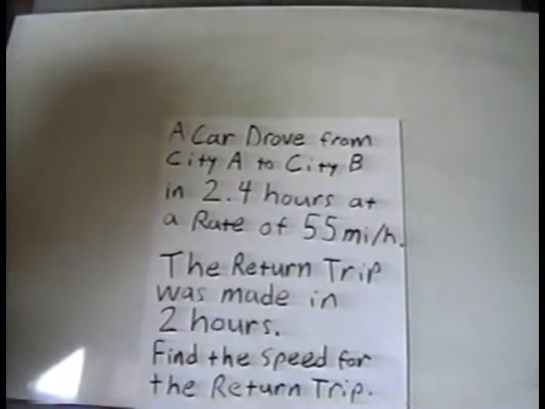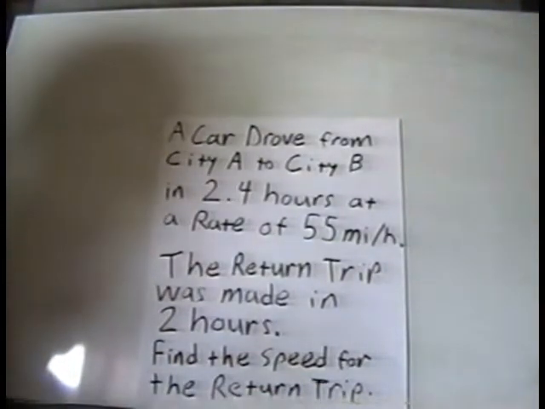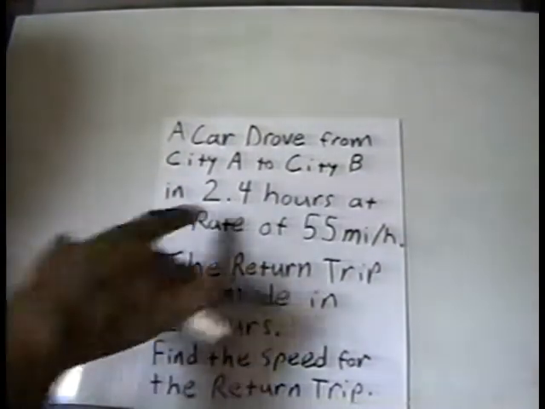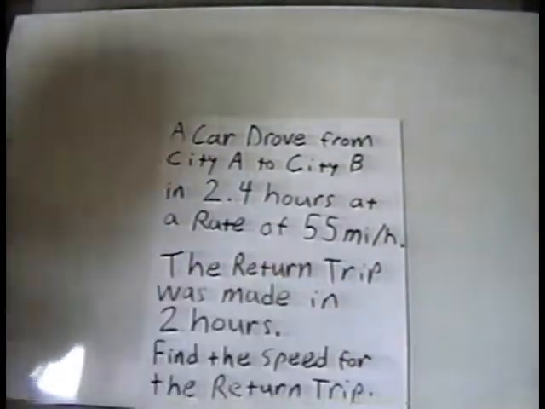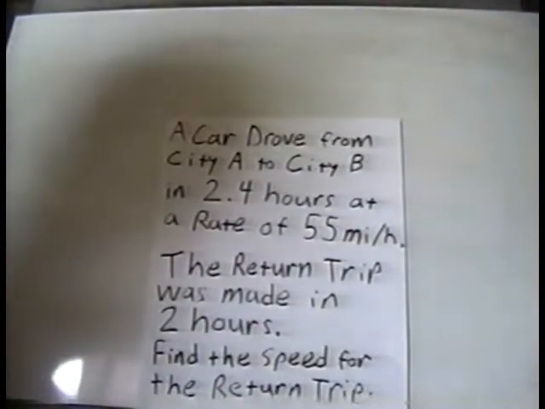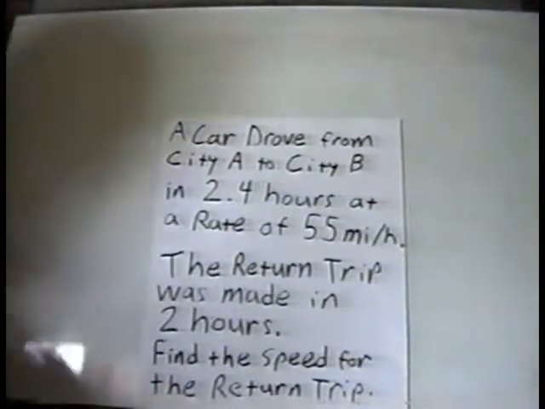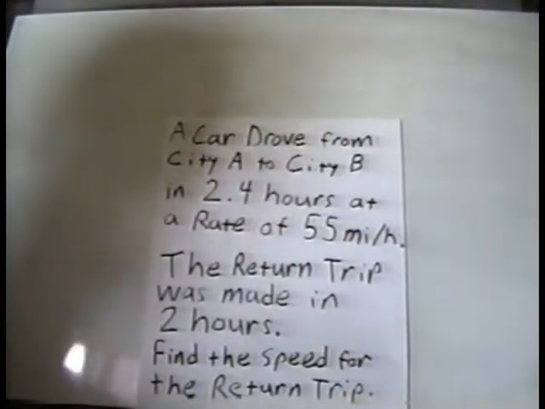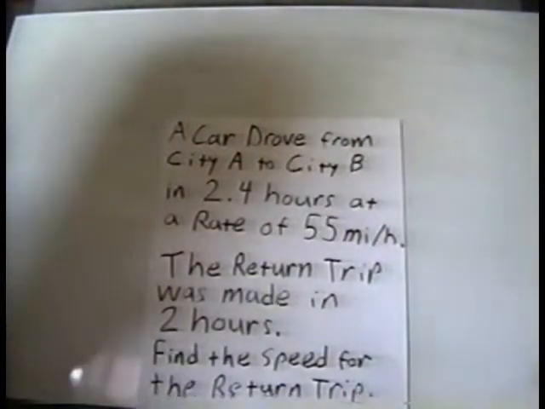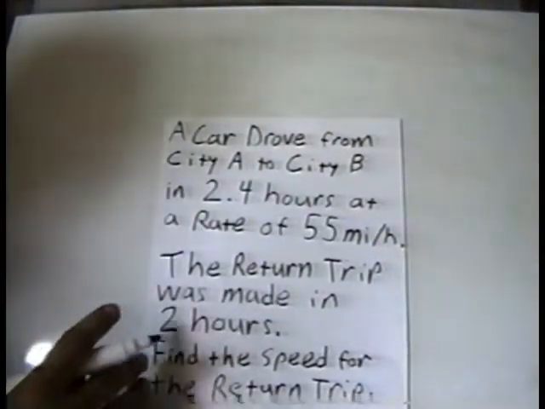We have a car. Talking about a car driving from one city to another city. So we say a car drove from city A to city B in 2.4 hours at a rate or a speed of 55 miles per hour. The return trip was made in 2 hours. Find the speed for the return trip.